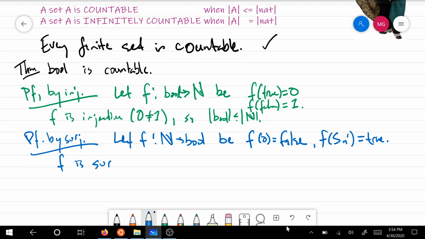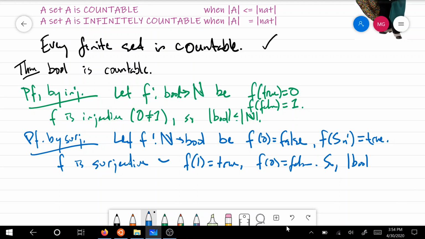F is surjective, right? F of 1 equals true. F of 0 equals false. So the cardinality of bool is less than or equal to the cardinality of n.